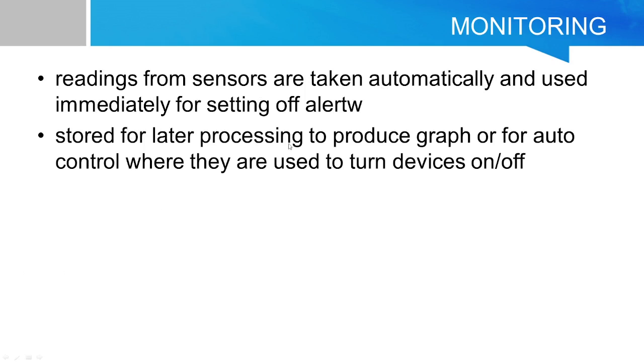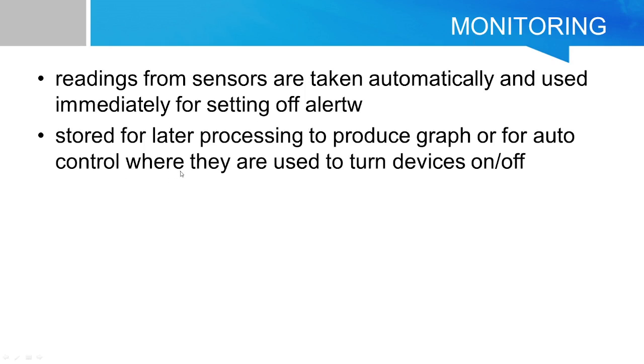and stored for later processing to produce graphs, or for auto control where they are used to turn devices on and off. So when we are talking about monitoring, after the sensor checks the temperature, the data is automatically taken, and then immediately used for setting off an alarm, and it is stored in the computer.